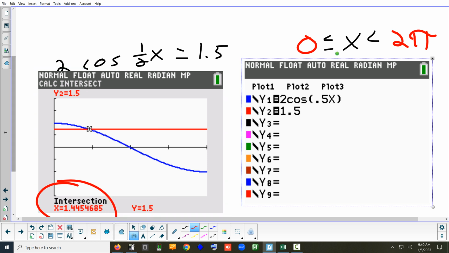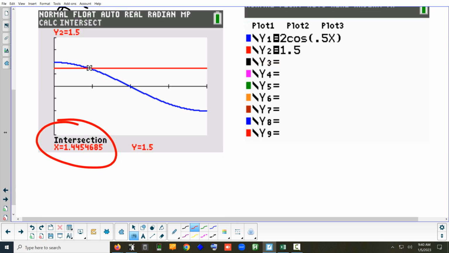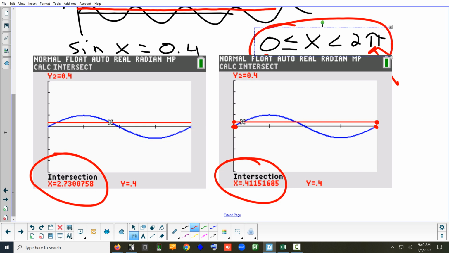So once we know one of them, all we have to do is add something on the end of it that says, here's your answer, and it repeats every cycle. So we just have to know how long the cycle is, which we use the formula 2 pi over b. But for this one, we're not going to do that yet. So this problem has one answer per cycle. This problem had 2 answers per cycle.